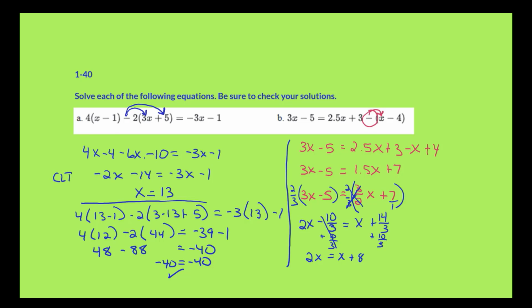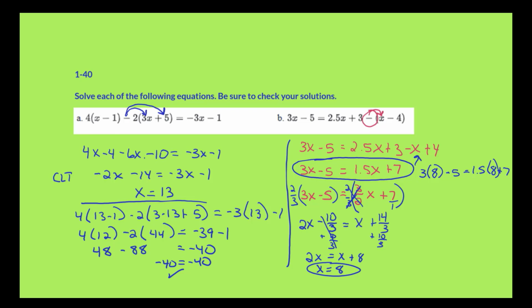Okay, then we're going to subtract an x. So x just equals 8. So I still have to check this. So I'm going to go ahead and check it by using this, because all this is a simplified version of this equation up here. So I'm going to put 3 times 8 minus 5 equals 1.5 times 8 plus 7.